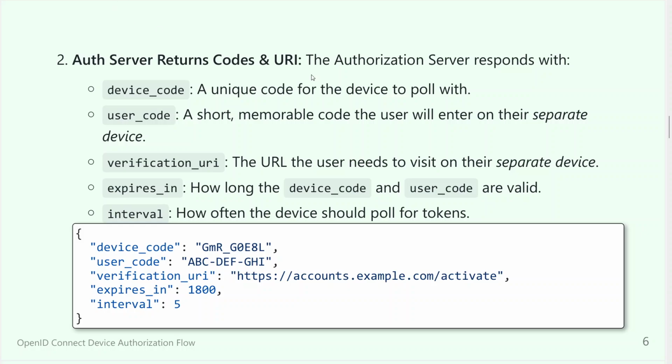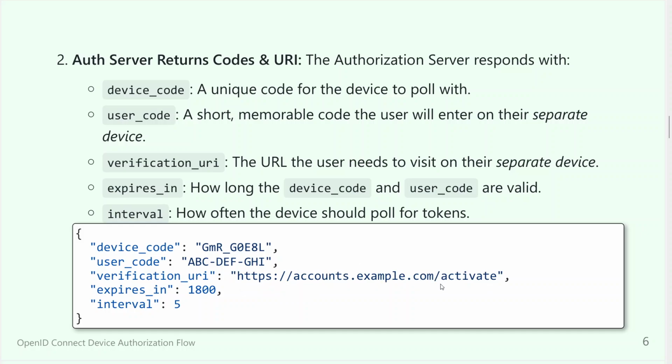Now the server, of course, returns this information. This is the device code, and this is the user code. They are different, but the device code is what links everything internally by Google, and the user code is usually the code that you have to provide on the second device. And of course, you need the address where you want to activate your application.